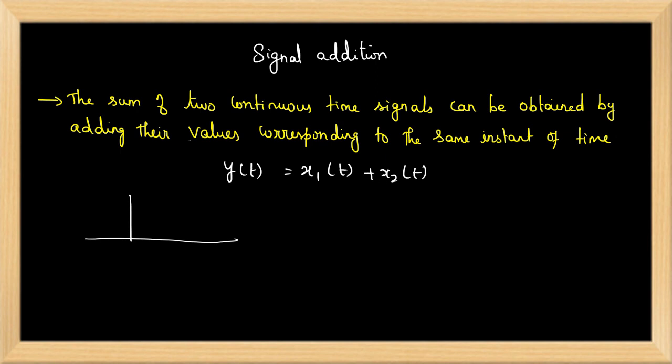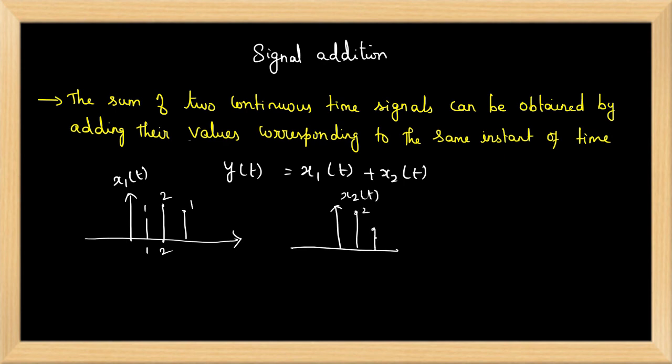For example, this x1 of t is having value as like this. At 1 it is 1, 2 it is 2, 3 it is 1, and x2 of t is having at 1 it is 2, 2 it is 1, and 3 it is 2.